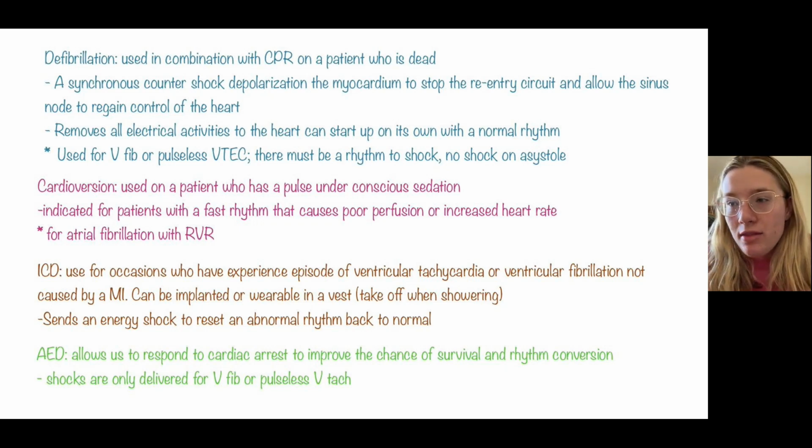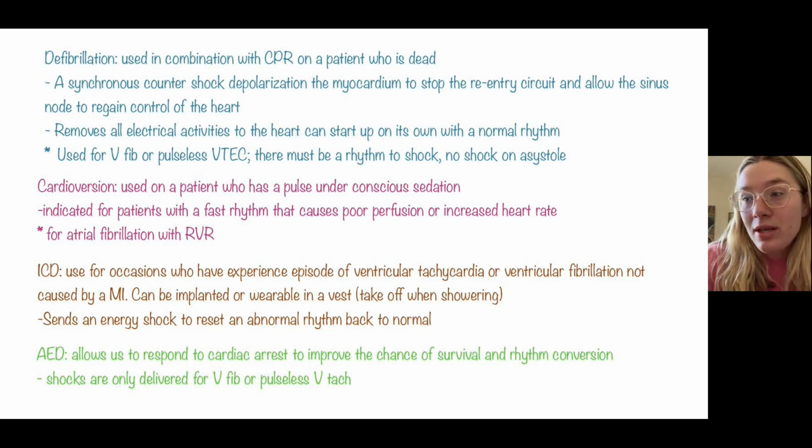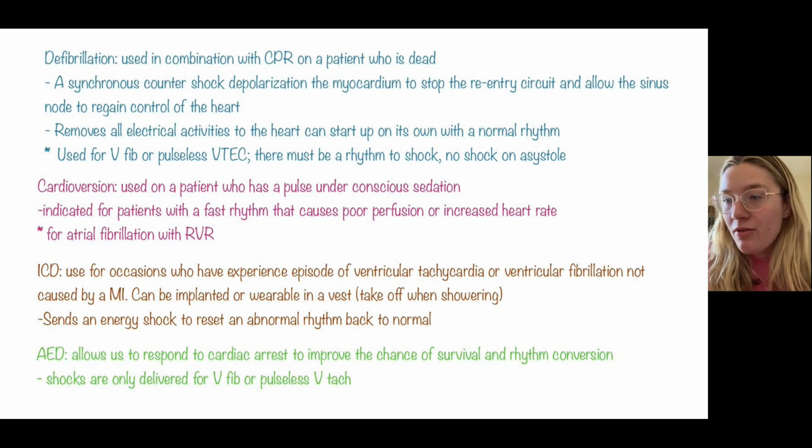And ICD, on the other hand, is for patients whose hearts need a little bit of help beating and opening, closing, etc. Someone can be atrially paced, with a pacer in the atria, letting the atria know when to squeeze. Or someone can be ventricularly paced.